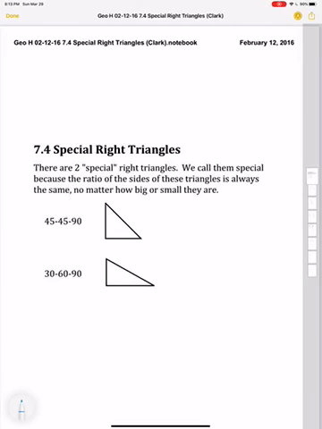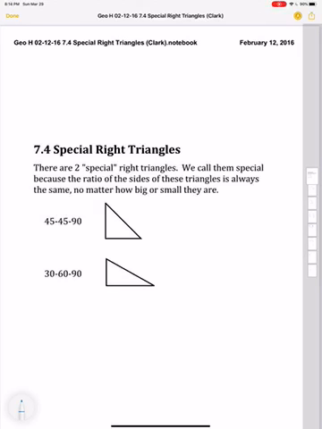Geometry! You get to learn about special right triangles. These are right triangles that pop up quite a bit, and we can identify them based on their angles. What's cool about them is if you see one of these, the 45, 45, 90 or 30, 60, 90 right triangles, and I'll explain what that is, but those are just the angles.